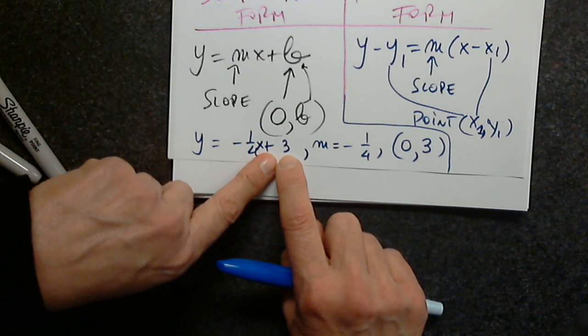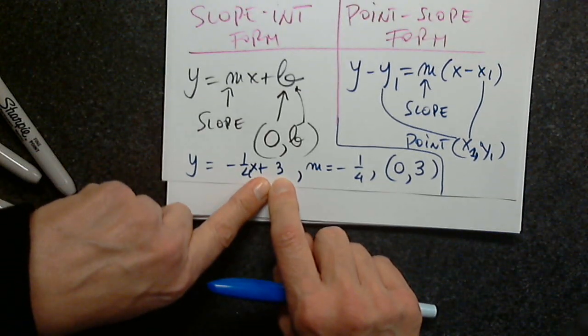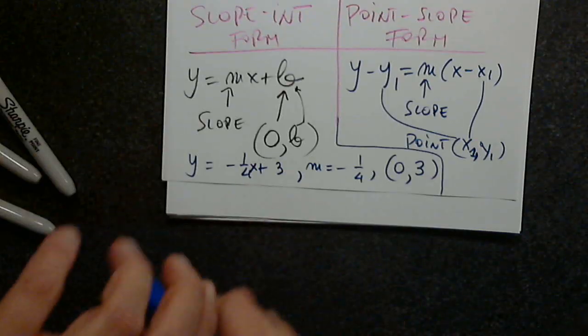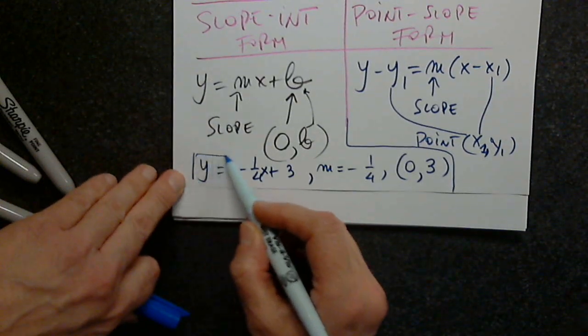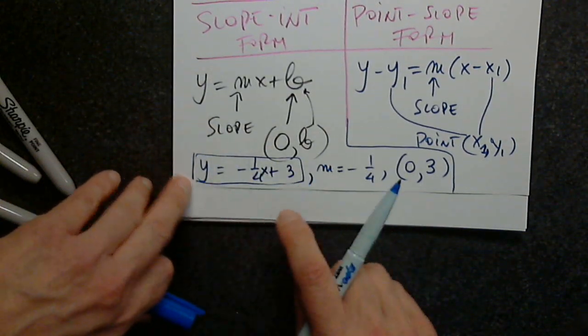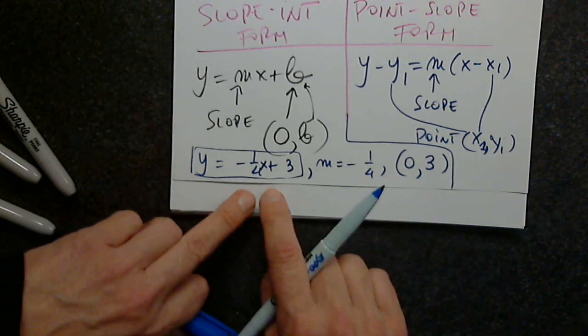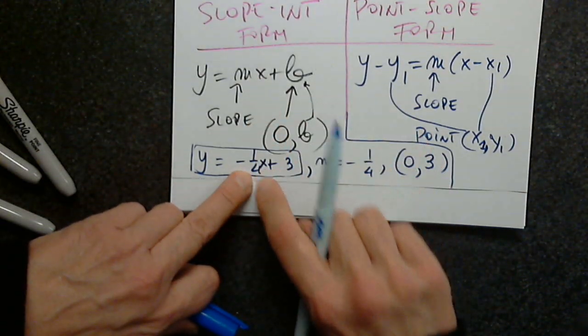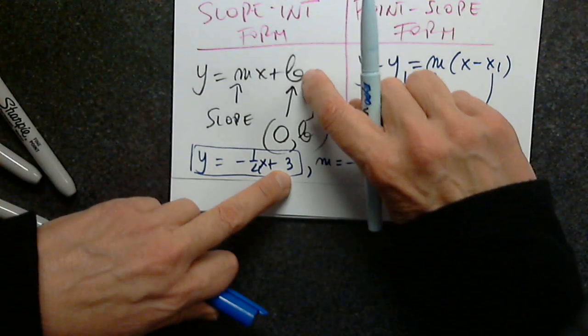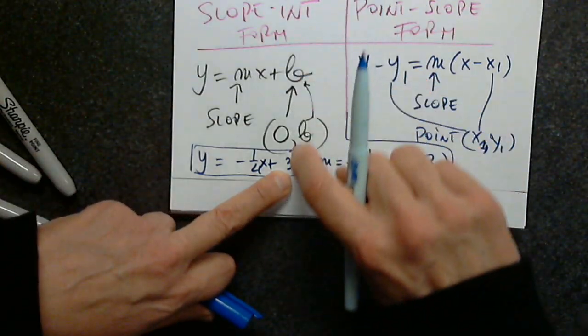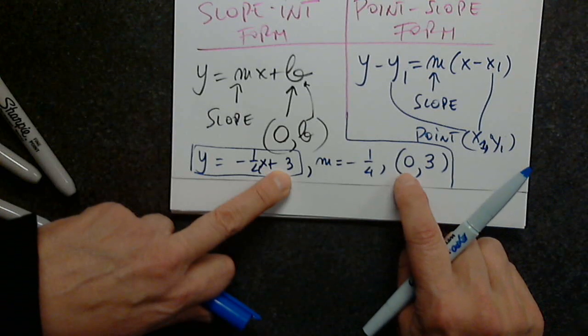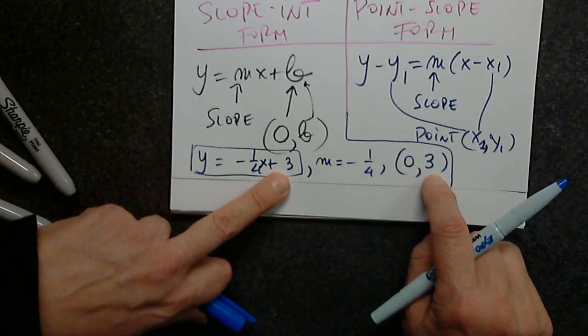Maybe I didn't understand the question. I was just wondering why was it 3? Like how did you come up with 3? It's from this equation. I created this equation, and I was asking, let's find the slope and the y-intercept. By simply looking at the equation, we identified the slope to be negative 1/4, and we identified the y-intercept to be positive 3. But it has to be 0 comma 3. Better?